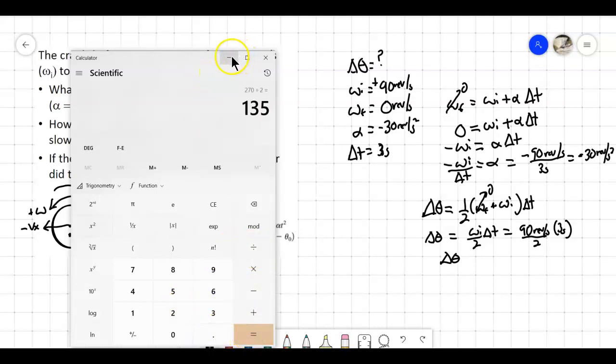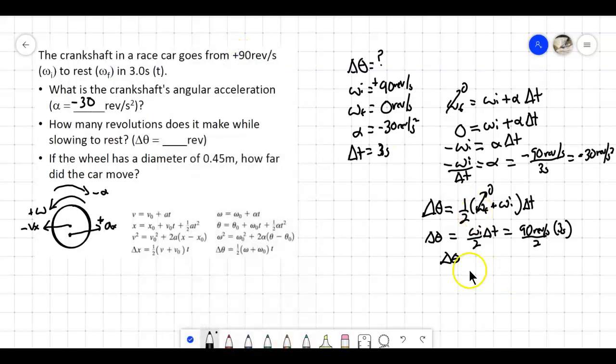So that's 135. So it looks like it makes 135 revolutions in the period of 3 seconds.